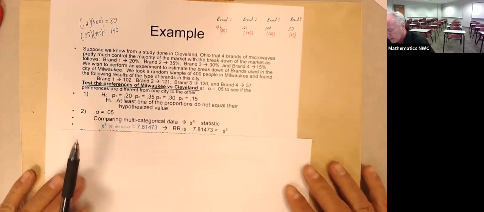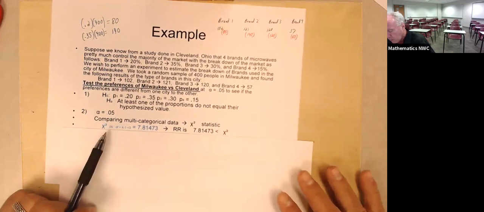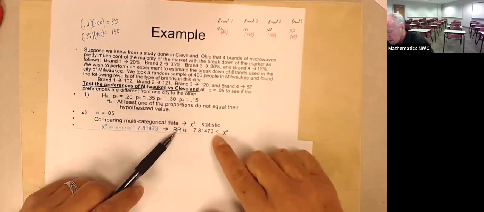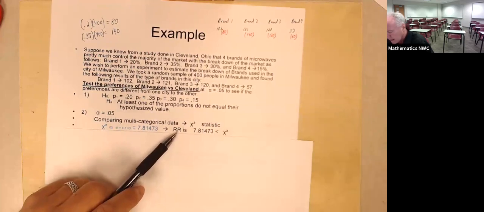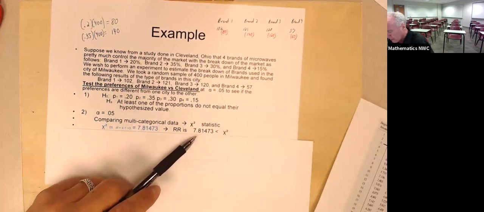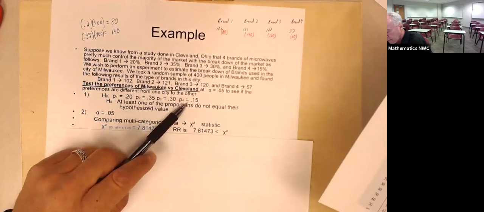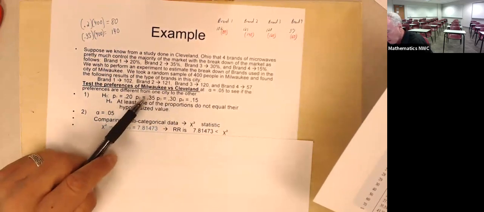Now I need to find the rejection region. What's in blue here would not be needed, but I do need this rejection region. Where did that number come from? I go to my chi-squared chart. I have 1, 2, 3, 4 k divisions, so k minus 1. My degrees of freedom would be 4 minus 1 or 3.